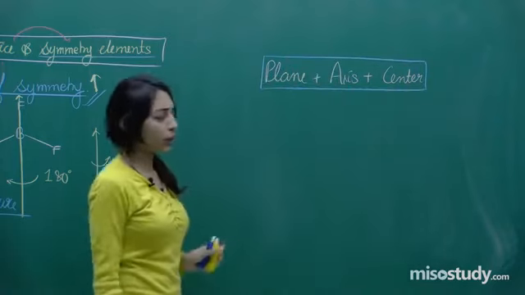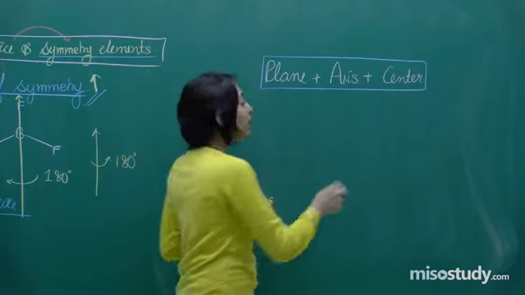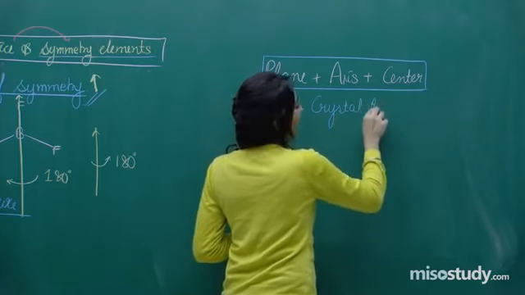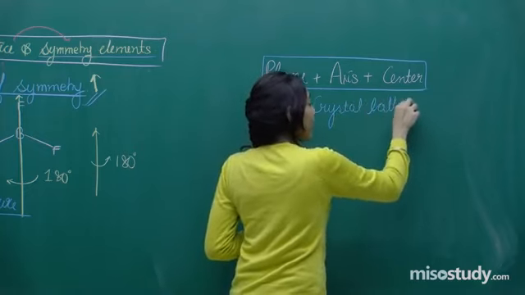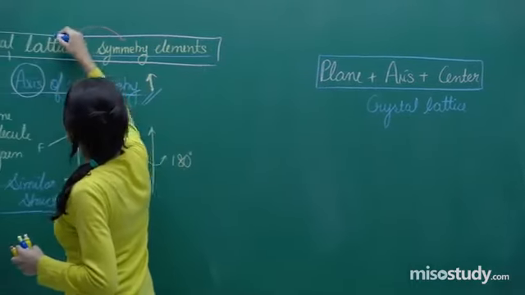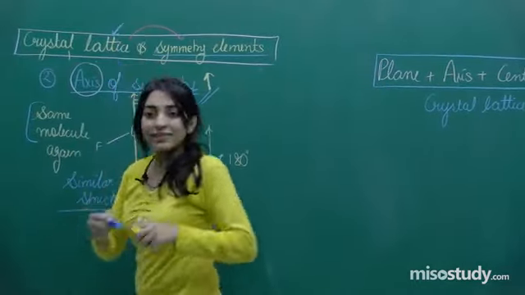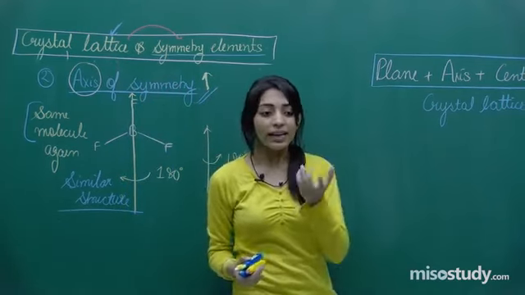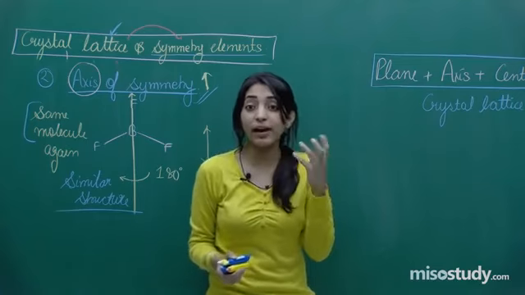So I took into account all the three elements of symmetry. Okay, that is okay. Now guys, see, the crystal structure, the crystal lattice that I was talking about, that is the reason why I have written this word crystal lattice here. The crystal lattice can also be of various different shapes, right? They may be like a cube, they may be like a cuboid.